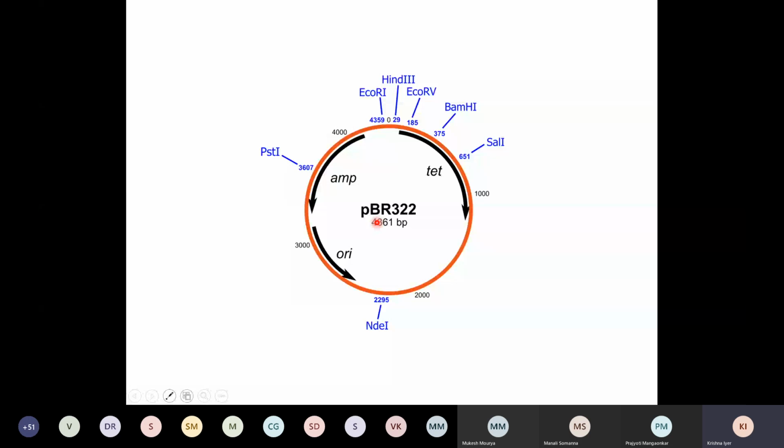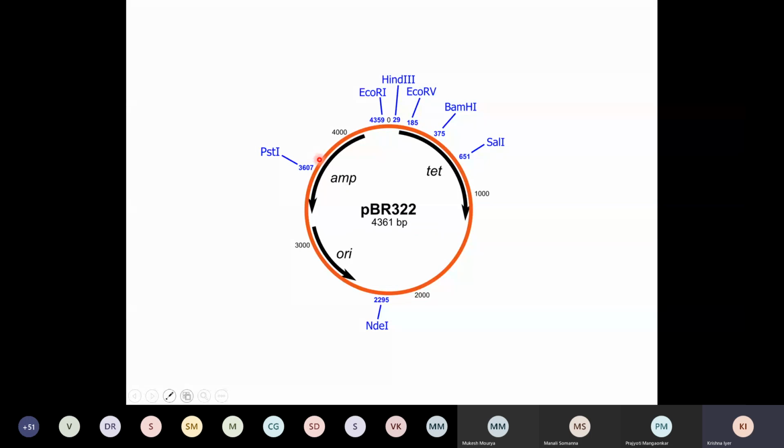B stands for Bolivar, and R stands for Rodriguez, sometimes also pronounced as Rodrigues. So pBR stands for Plasmid Bolivar Rodriguez, and 322 is a number which has significance for them. Maybe it's a page number of their research book, or it is the 322nd plasmid that they designed, or experiment that they did, whatever it is. But it is very famously called pBR322.